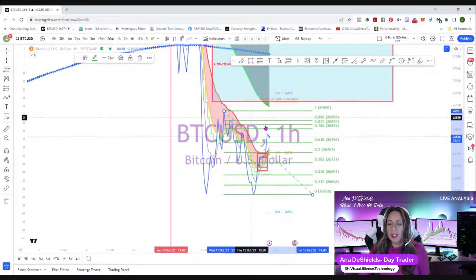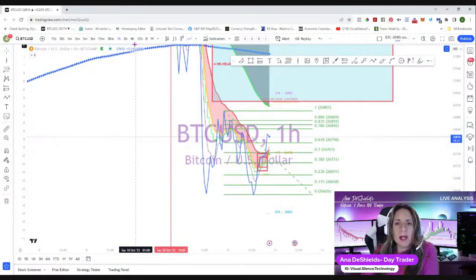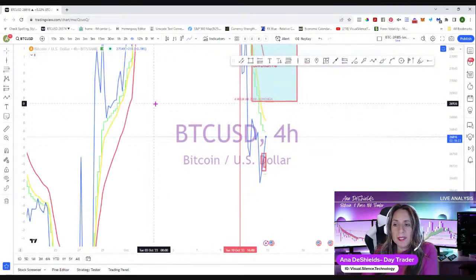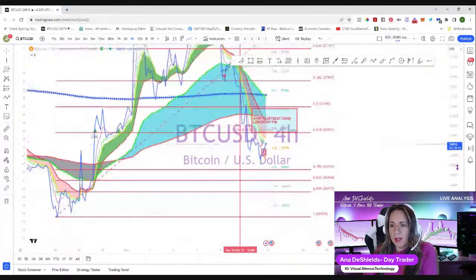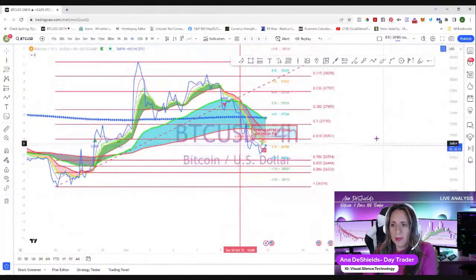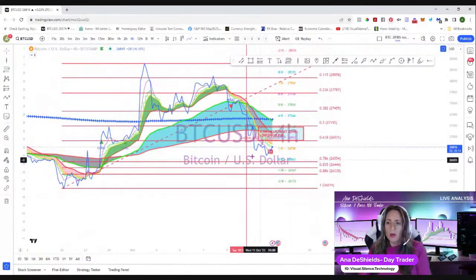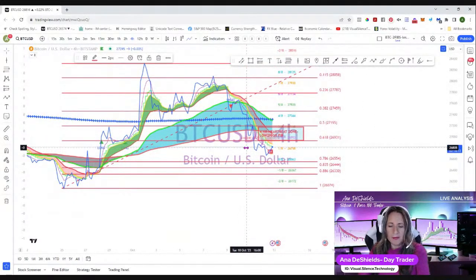Okay, so it could come up into this zone, and then if she wants to sell down, returning back to here. But I'm going to look at my higher time frames and see what other confluences are telling me what I should be evaluating. Well, let's take this off.